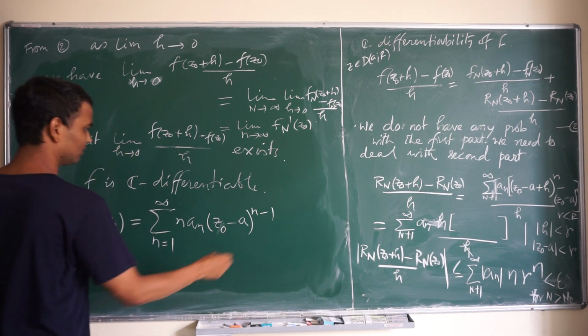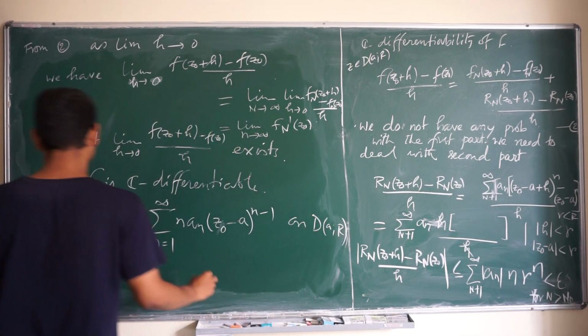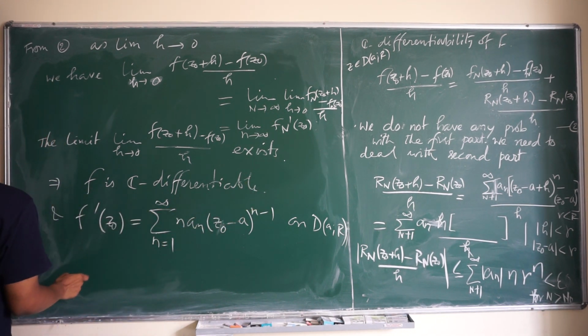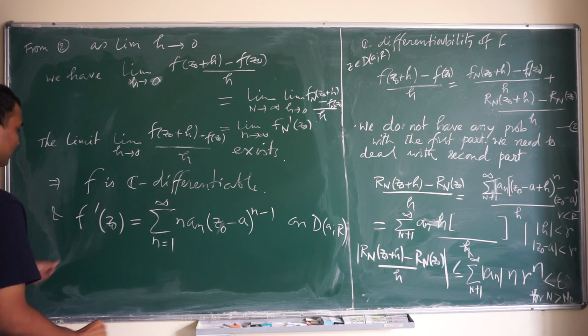Since small r is chosen arbitrarily less than capital R, this implies this is also again a power series.